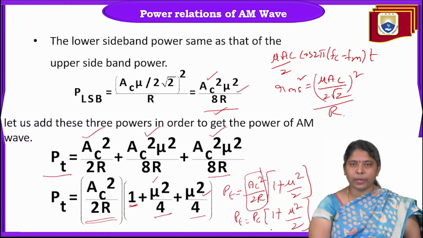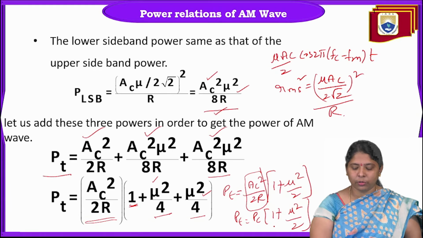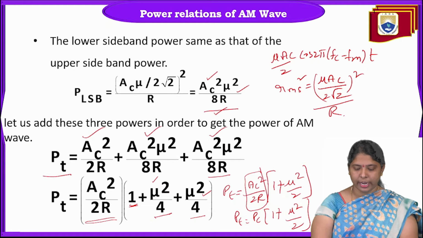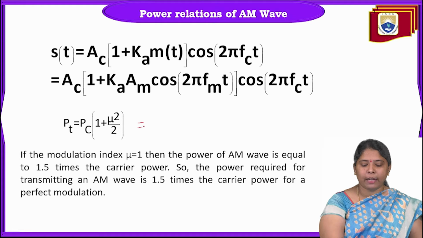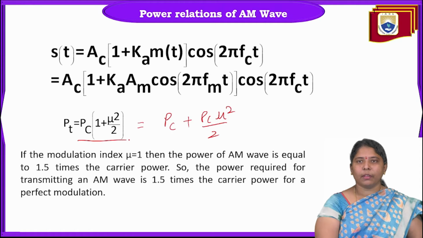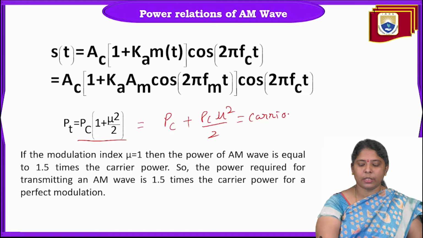From this expression, we can draw some conclusions. If we expand PT equals PC into (1 plus mu square by 2), we get PC plus PC into mu square by 2. The first term is called the carrier power, and the second term is completely sideband power.